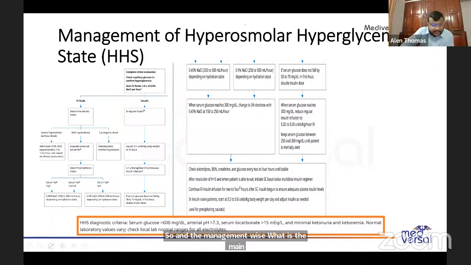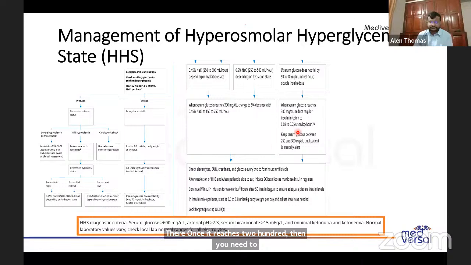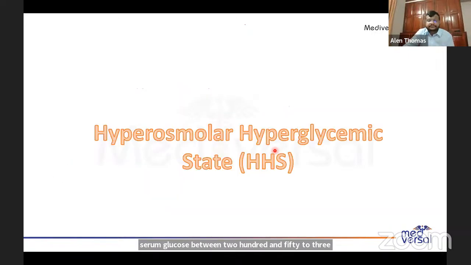It's here. I'm going to use the red spot, the laser pointer, again. Here in HHS, when the glucose reaches 300, you have to reduce the regular insulin infusion, and you keep the serum glucose between 250 to 300 until the patient is mentally alert.